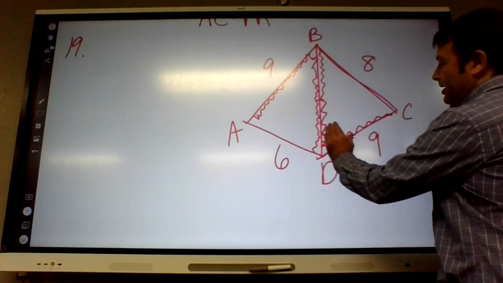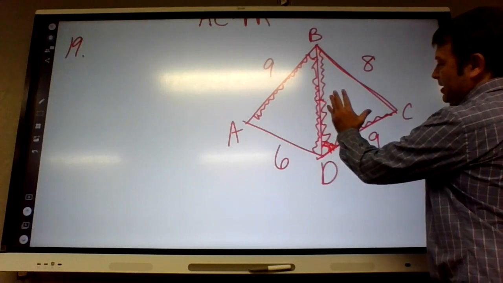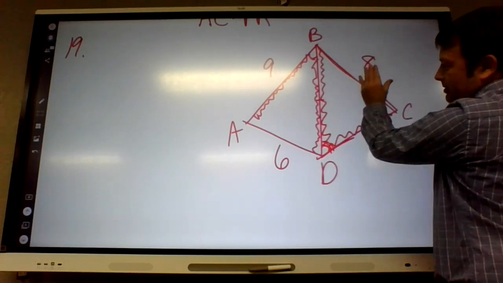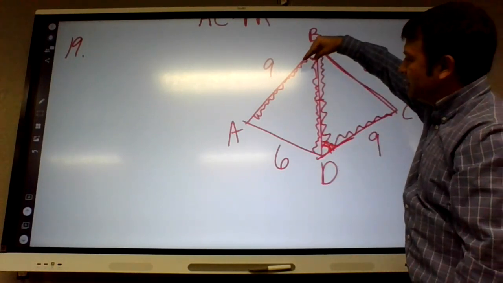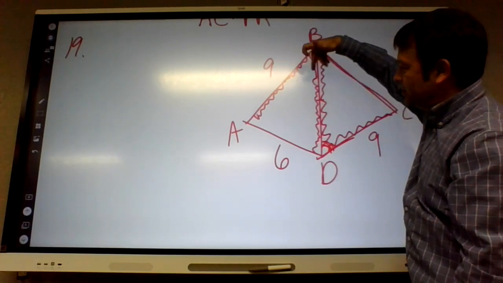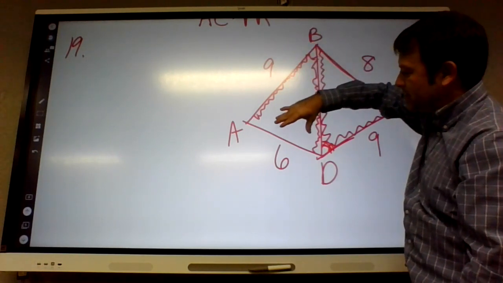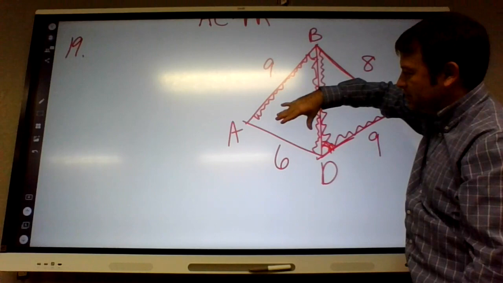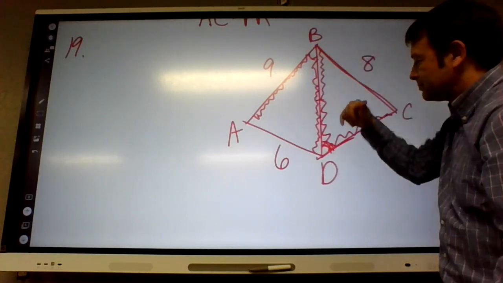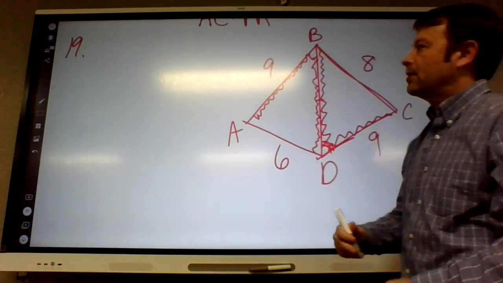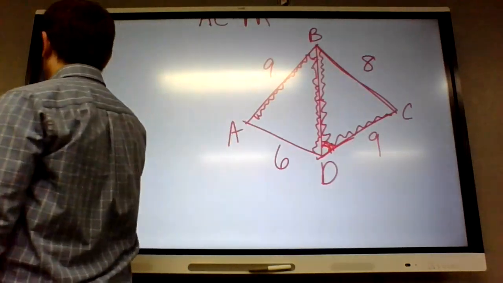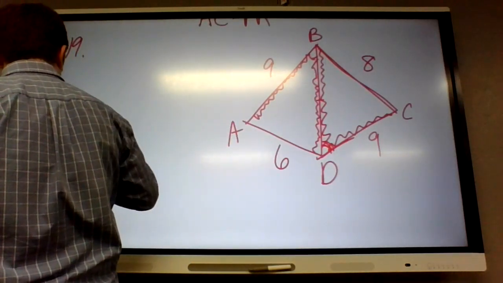So this alligator opens up to an 8. This alligator, who's the exact same size, 9 and this, opens up to a 6. So what can I say then?